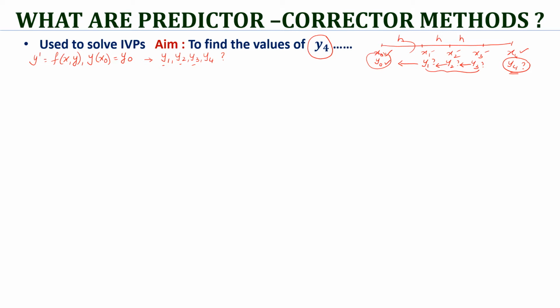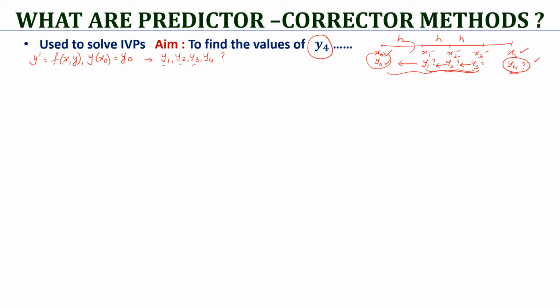We shall do some problems in our problem session where all values are given and where we have to find the values, so that you will be aware. But mostly the problems involve given values. So only if you know y0, y1, y2, y3, you can find the value of y4 using these predictor corrector methods.